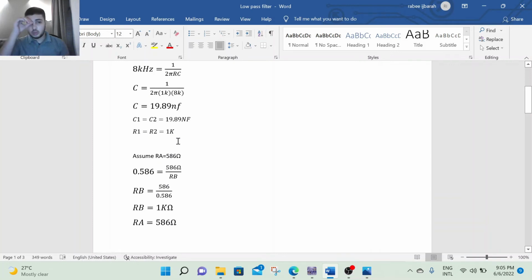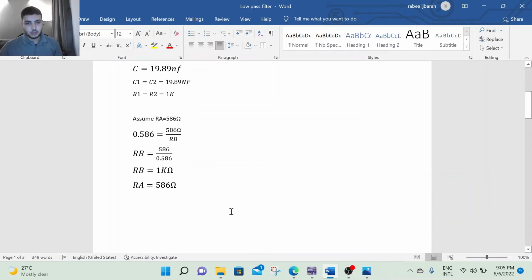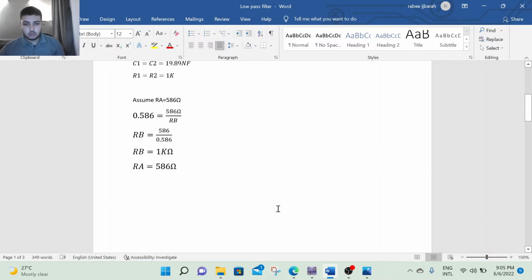So I assume RA is 586, and using the equation I can get RP, which is 1 kilohertz, and RA is 586 ohm.